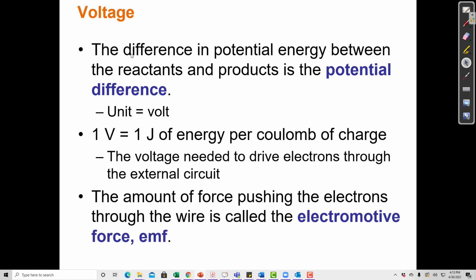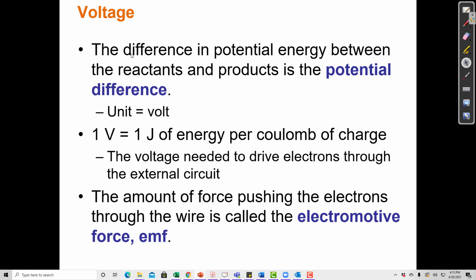How fast is the water going to flow down the pipe when we turn the water on? How fast are the electrons going to move down the potential difference when we complete the circuit? So 1 volt is 1 joule of energy per coulomb of charge. And the amount of force pushing the electrons through the wire is called the electromotive force.